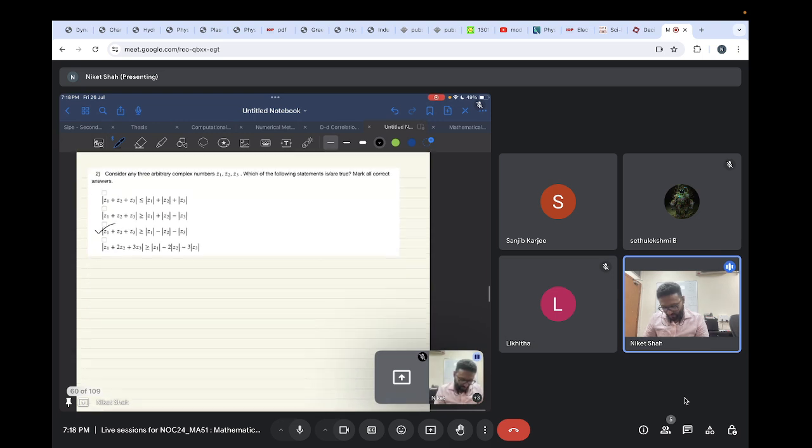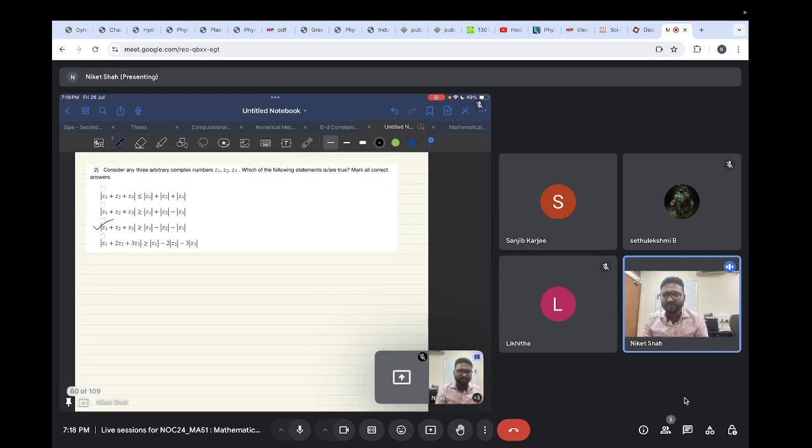Now we have the second one. The second one says that consider any three arbitrary complex numbers z1, z2, z3, and they're asking which of the following given statements are true. You have to again mark all the correct answers. In the first question also, you have to mark all the correct ones. Even this one, you have to mark all the correct ones.